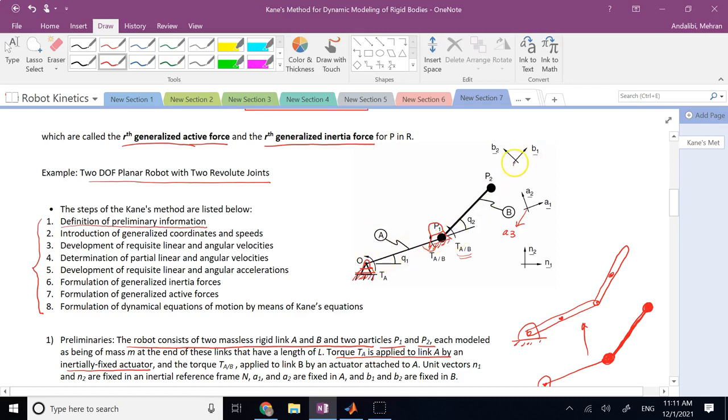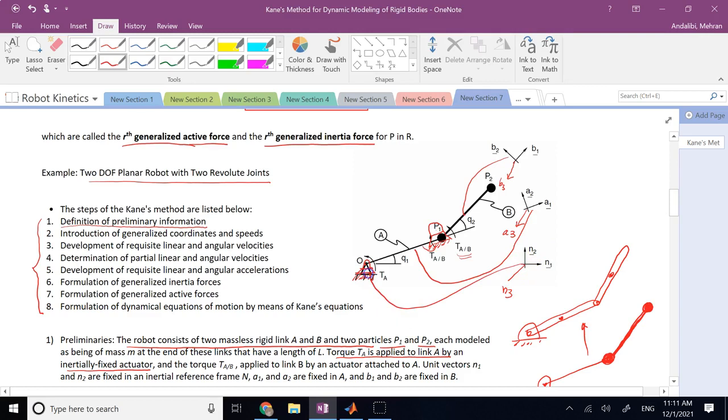Frame B1, B2, B3, again B3 out of the board. They are rigidly attached to block B. And then we have the inertial frame N1, N2, and N3, and these are attached to the ground.